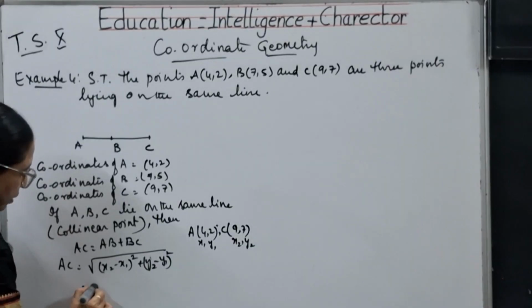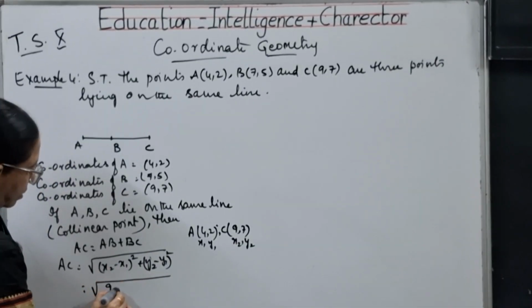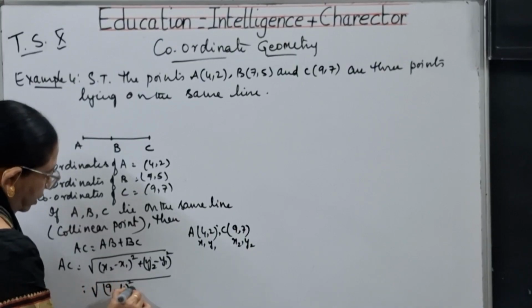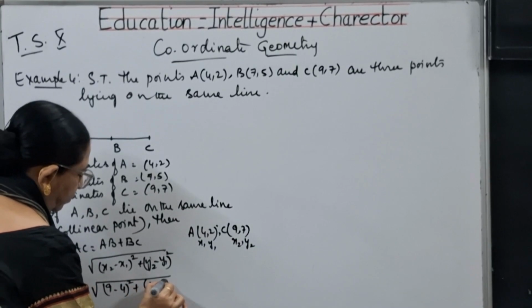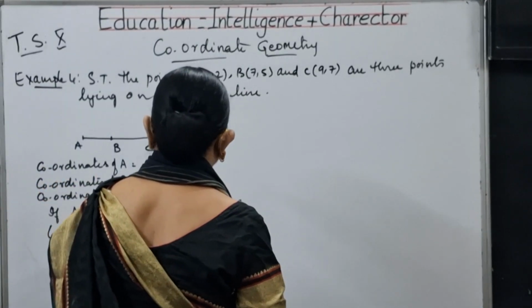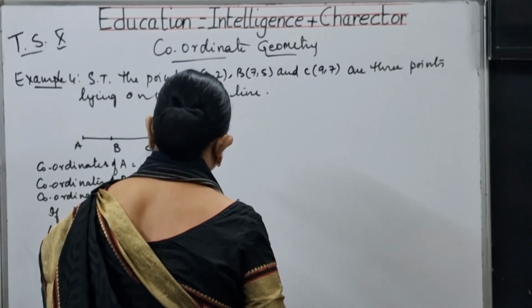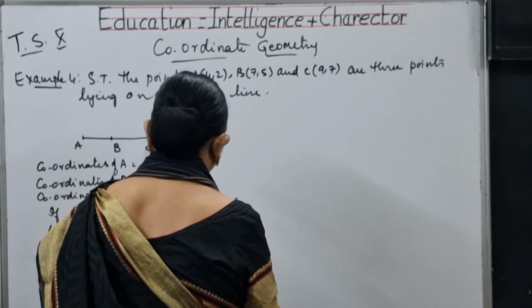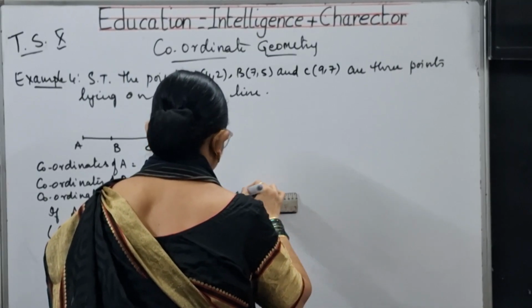So what am I getting? Root of (x2, 9, minus x1, 4) whole square plus (y2, 7, minus y1, 2) whole square. So let me continue, children. I need a lot of space to do this sum.